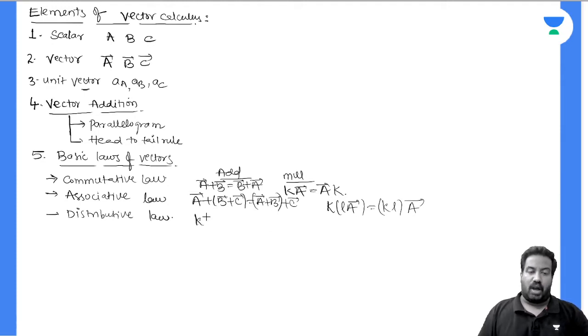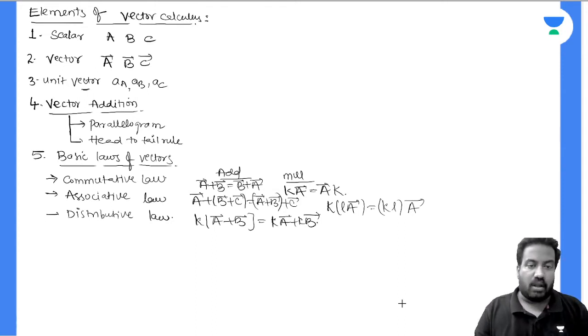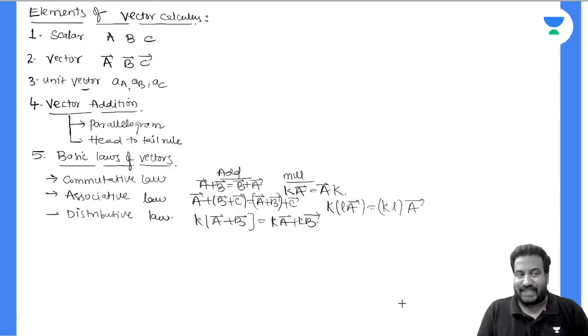Next is distributive law. K into (A plus B) is equal to K A plus K B. Can anyone tell me what is distributive law of multiplication? Just pause the video and think. What is distributive law of multiplication?